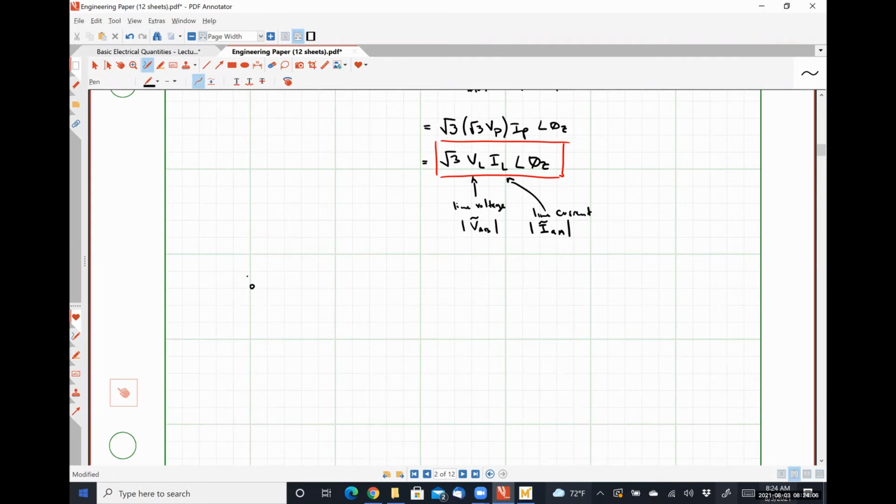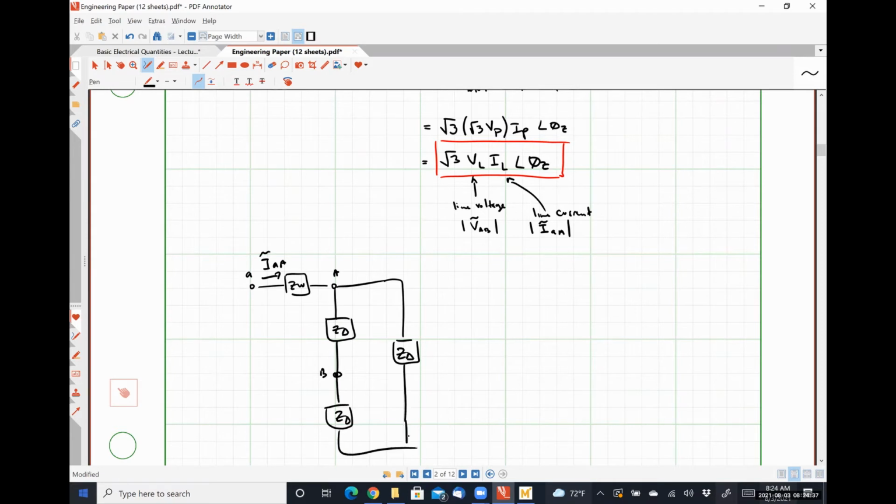So let's say that here's my transmission line, having a line current of IAA. Here's the delta. This is my B terminal. And over here, here's my phase current, IAB. Here's my phase current, IAC.